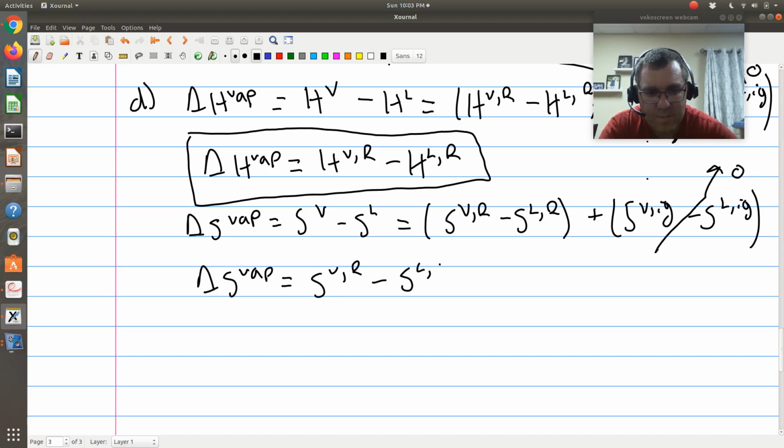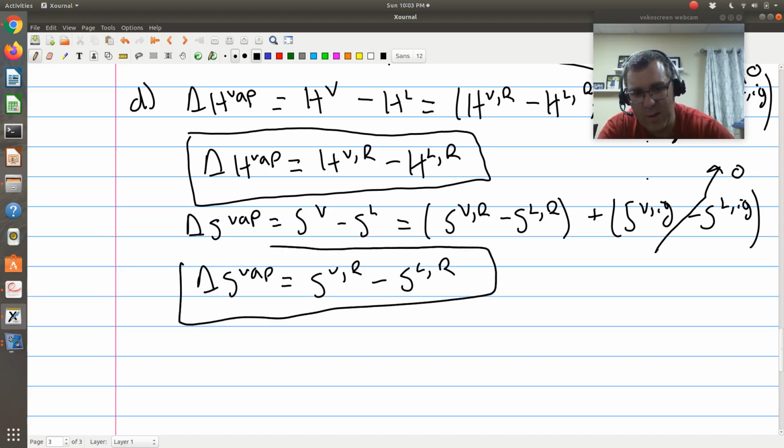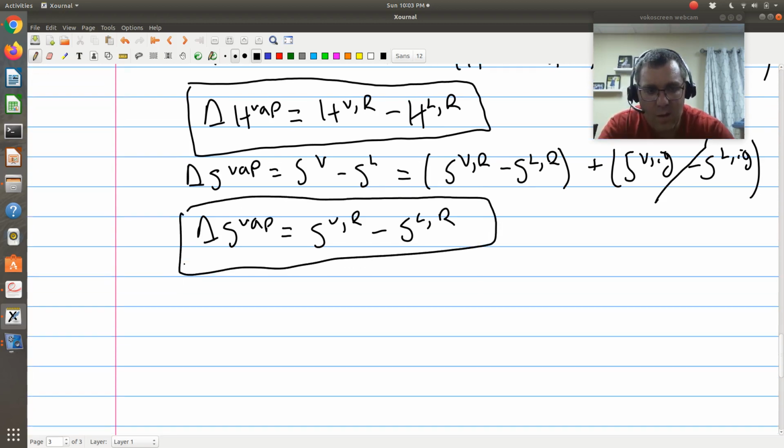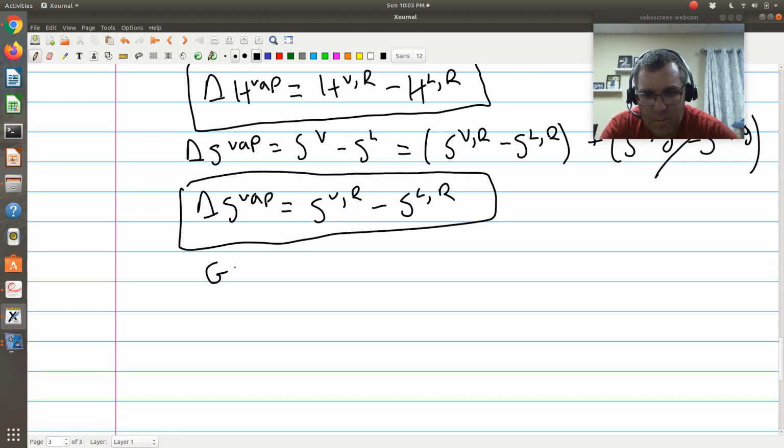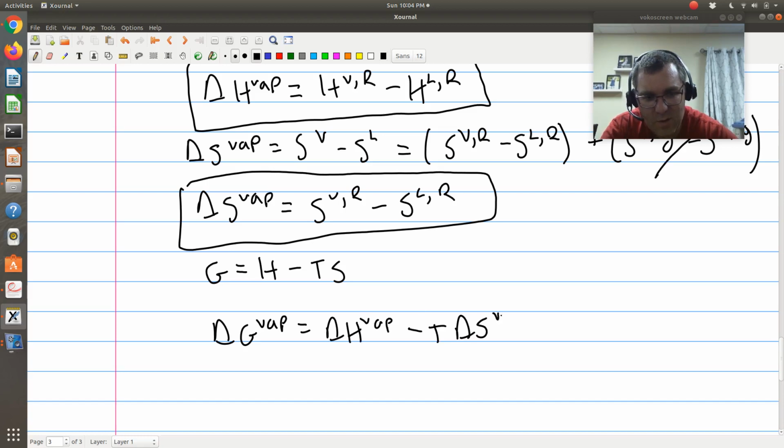Cool. And if you wanted to take it a step further, the other way we could do this is remember G is equal to H minus TS. Therefore, delta G of vaporization is equal to delta H of vaporization minus T delta S of vaporization. Now, if I have two phases at coexistence in a pure component system, the two phases are at the same temperature and pressure, and they're also going to have the same molar Gibbs free energy.